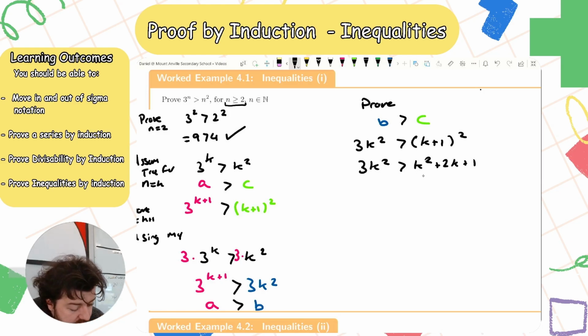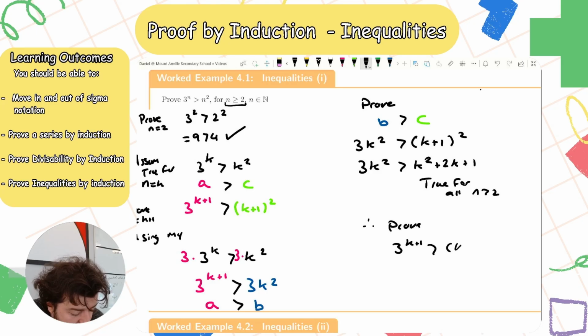So this is true for all n greater than or equal to 2, therefore proven by induction. Therefore, now B is greater than C, so I can say 3 to the k plus 1 is greater than k plus 1 squared. A is greater than C, so therefore proven by induction.